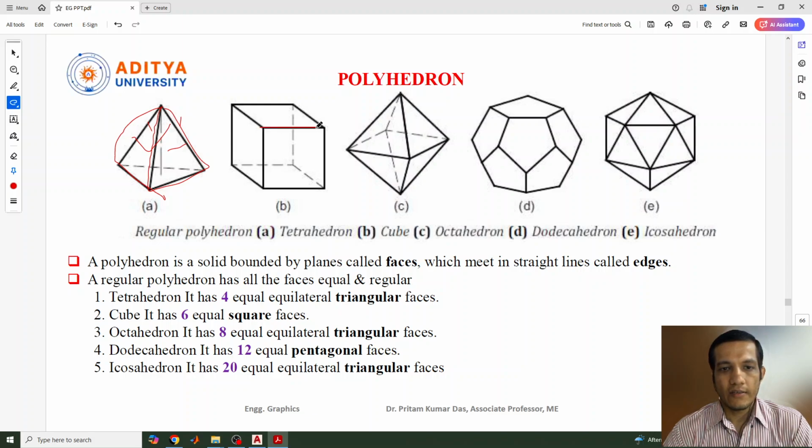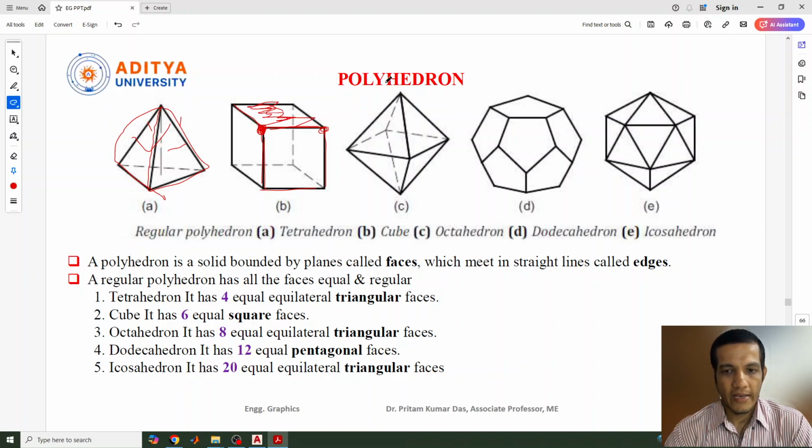All these lines are called edges. The points where these lines join are the corner points of the solid, and these are the surfaces.